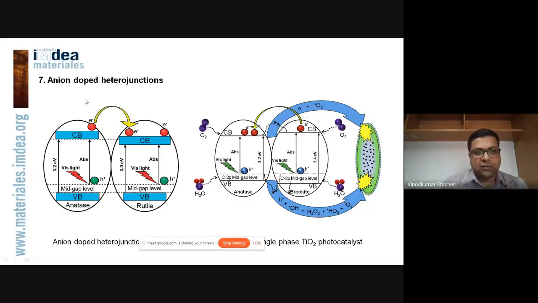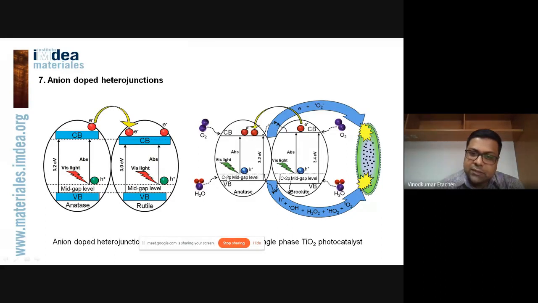Such heterojunctions are highly active for different applications, including dye degradation and antibacterial. Here you can see an antibacterial application. Here we use anatase and brookite. Although brookite is 3.4 volt, we use it for a different purpose here. The main material is anatase, and we dope it with carbon.